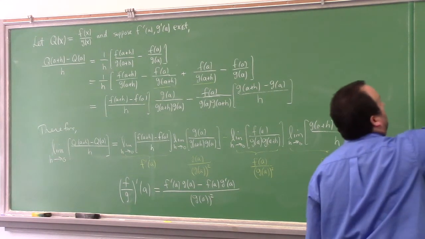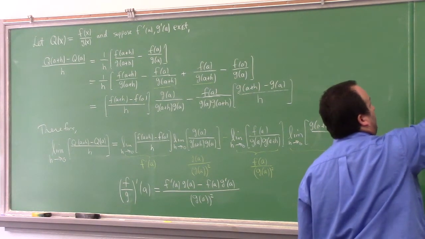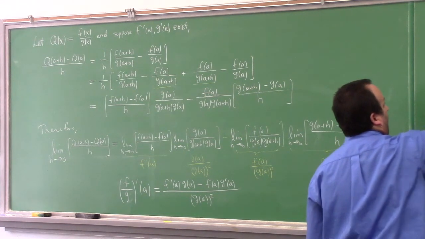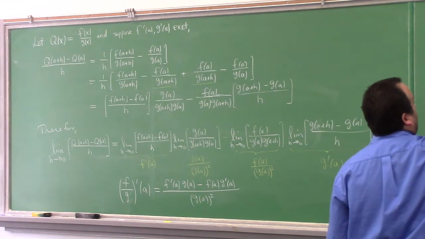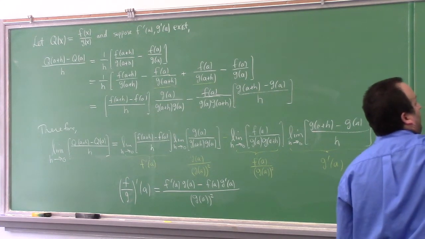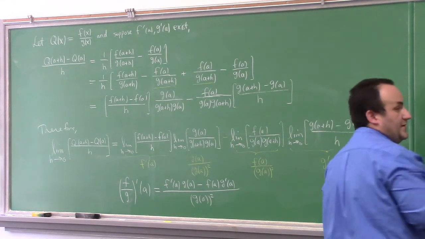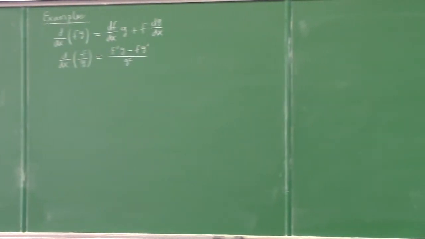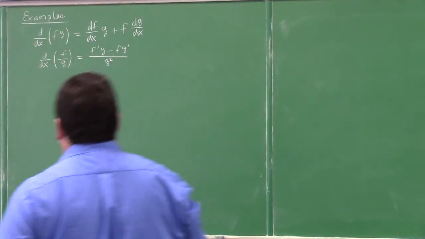As I just said, the derivative with respect to x of f over g is equal to, we can write it this way, f prime g minus f g prime over g squared, if you prefer that notation. And what was the other thing that I started talking about at the end of last class, but haven't proved yet? The chain rule.